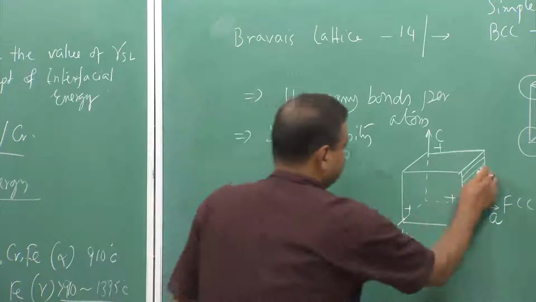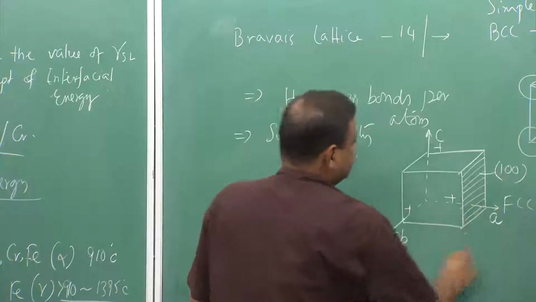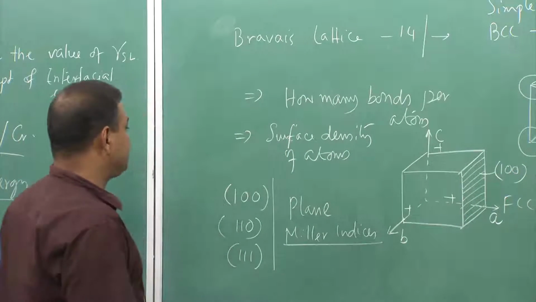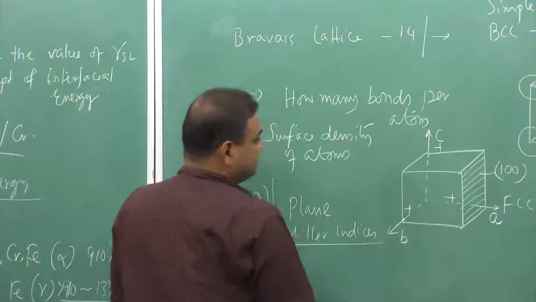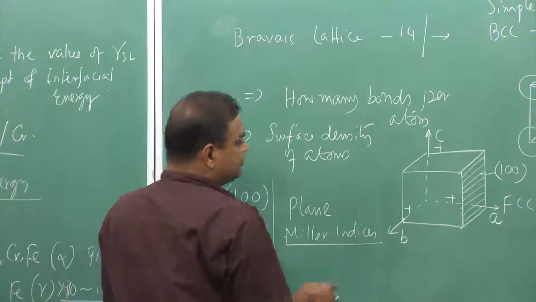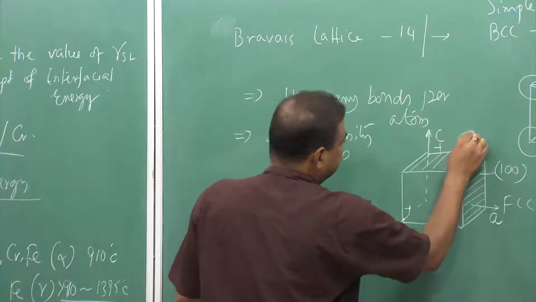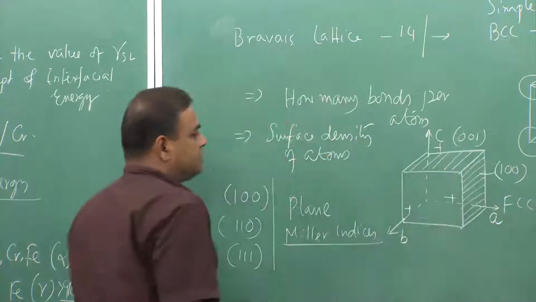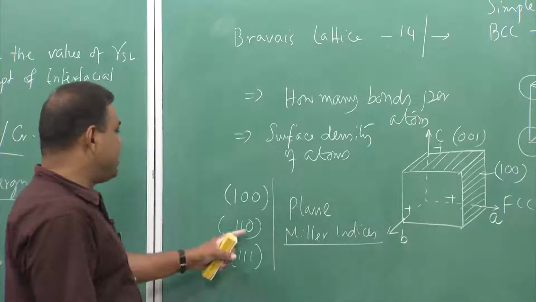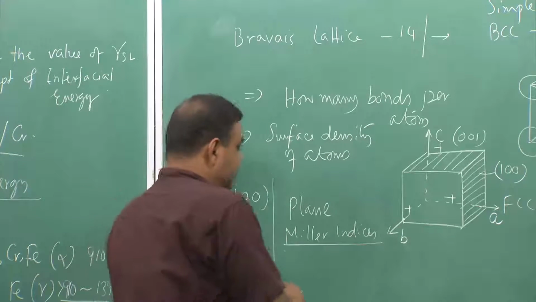This is 1, 0, 0. Now, 0, 0, 1 would be this plane. Now, if we would like to find 1, 1, 0, so 1, 1, 0 would be.